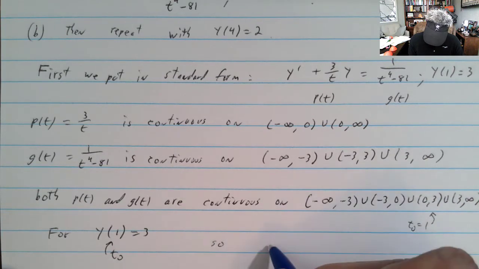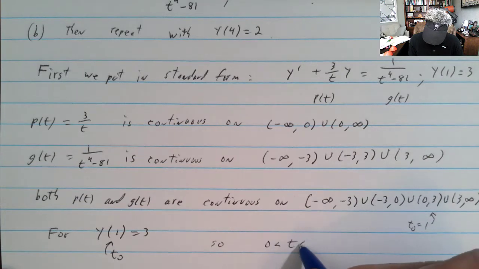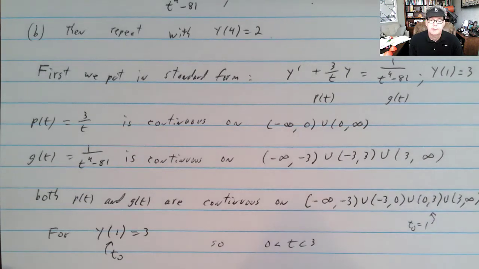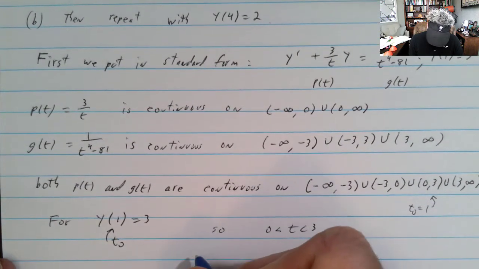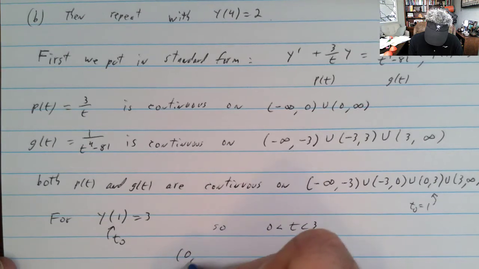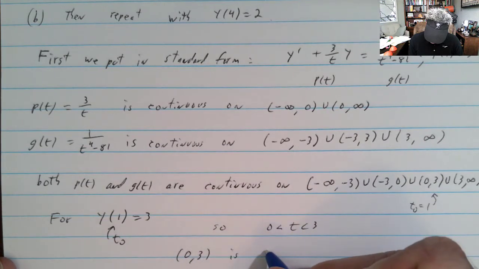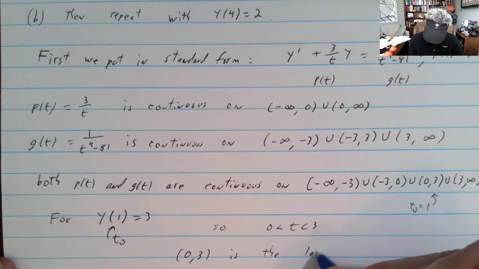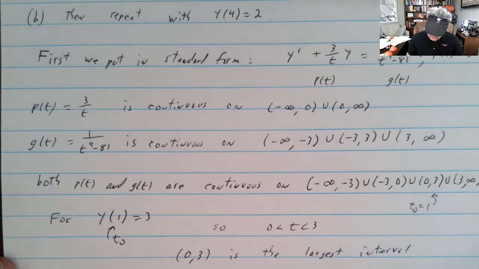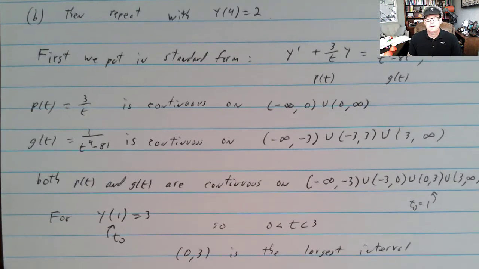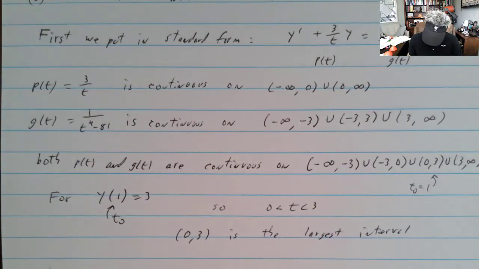So 0 less than t less than 3, or in interval notation, 0 to 3 is the largest interval guaranteed by the theorem.